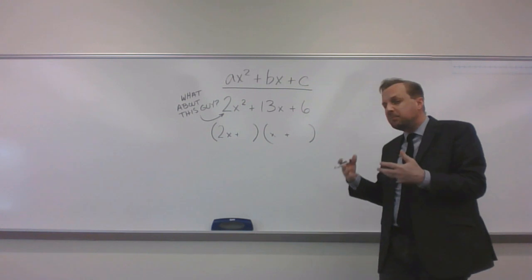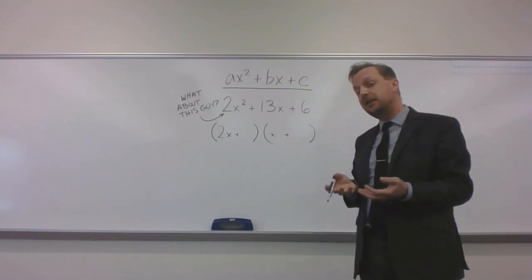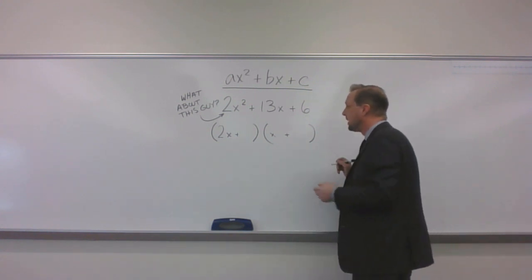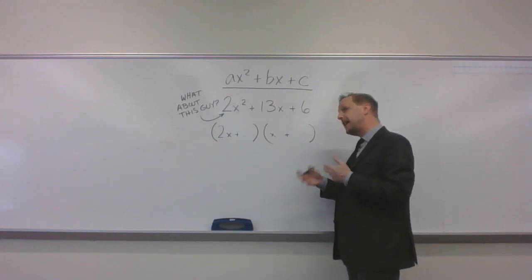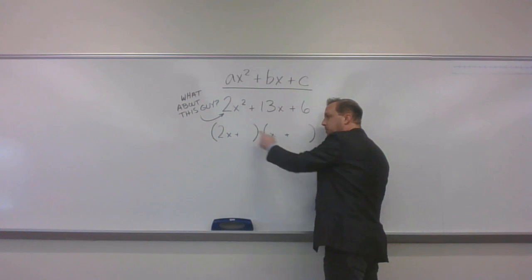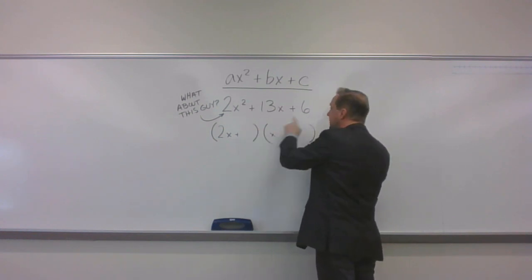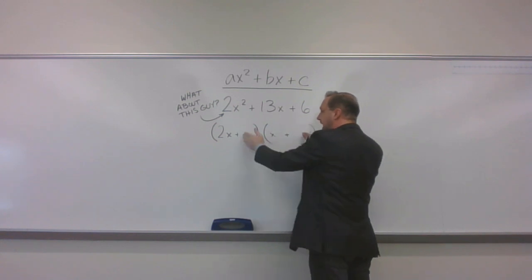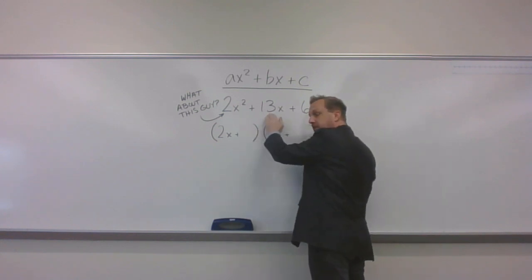But I want to try and be as generic as I can about this so you can look at more examples. In the old days, when we were factoring this into binomials, it didn't matter which order we put the other two factors in, as long as they multiplied together to equal 6, and they added together to equal 13.